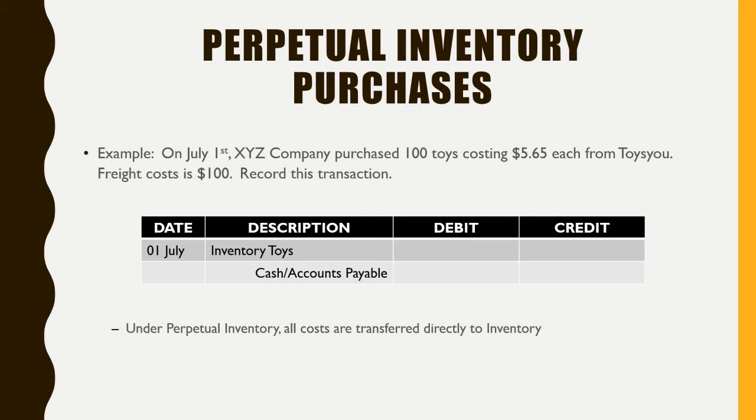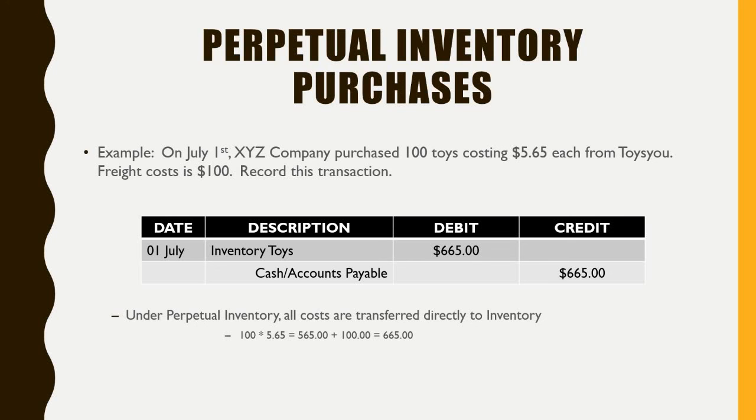Since all costs related to my inventory are going to go straight to the inventory account, I'm going to combine my purchase price with my freight, and I'm going to shove it all into my inventory account. So in this case, I have a total of $665 worth of inventory, and I'm going to place it all under inventory.